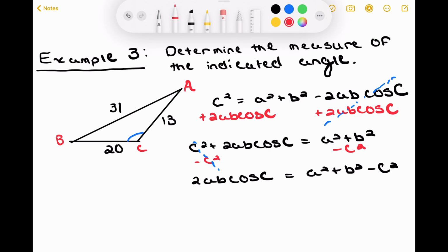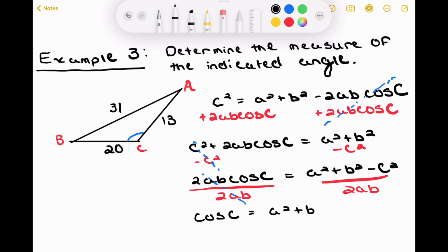Now I have to divide the 2ab from that cosine C. That will cancel the 2ab on the left and leave us with cosine C is equal to a squared plus b squared minus c squared all over 2ab.